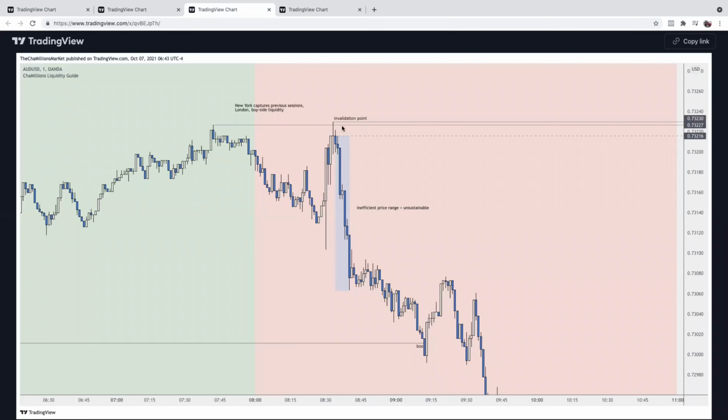Now here, setting the invalidation point: you can set invalidation points inside of supply and demand zones, where you say, I don't want price to go any higher than here or any lower than this point. If so, then I would alter my game plan a little bit and look at things differently. In this case, the invalidation point was not too hard to set because this whole range was inefficient, so you're essentially setting it at the very top of the candle, which differs from the very first example that we did on GU.